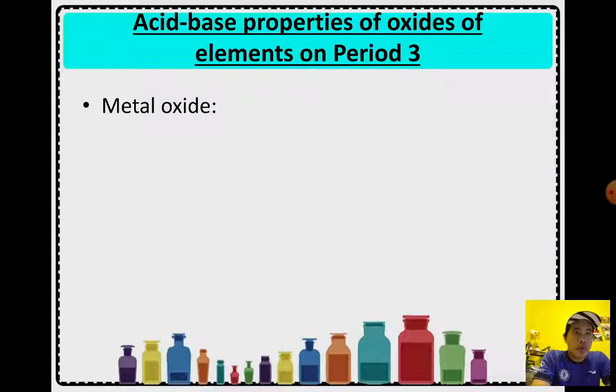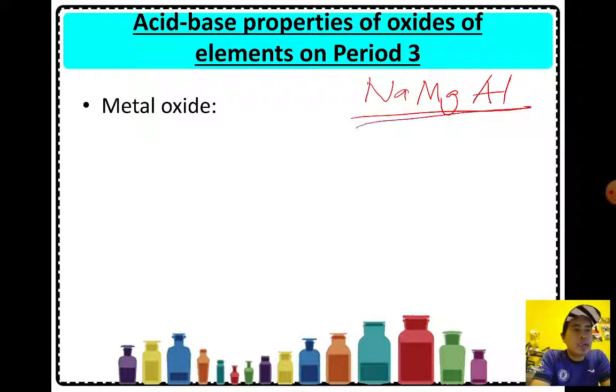Okay, we have to know about the physical and chemical properties. The first one is about the metal oxide. Yang mana satu ialah metal. Kalau ikutkan, kita tahu, metal kita adalah daripada sodium, magnesium, and aluminium.